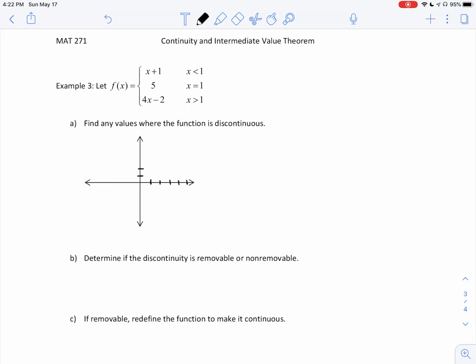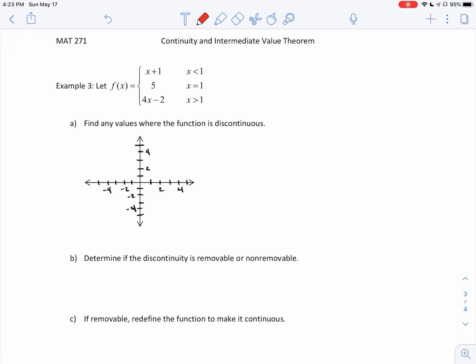Again, just mark out my scale here. Let's count by ones. Okay, so we have 3 different pieces this time. So the first piece, x plus 1, when x is less than 1.